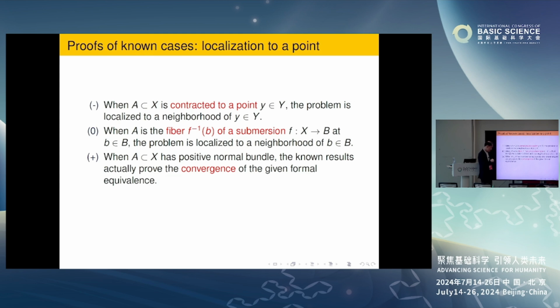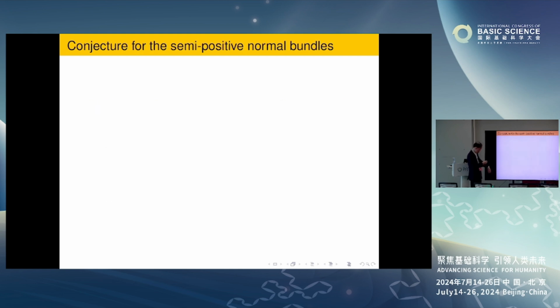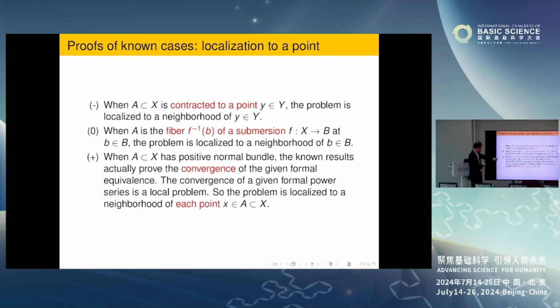And when you are interested in convergence of a given formal power series, it is already a local problem, because you check the convergence at each point. So you can apply the Artin approximation theorem at each point. In this way, all the known proofs somehow use Artin approximation at one point.